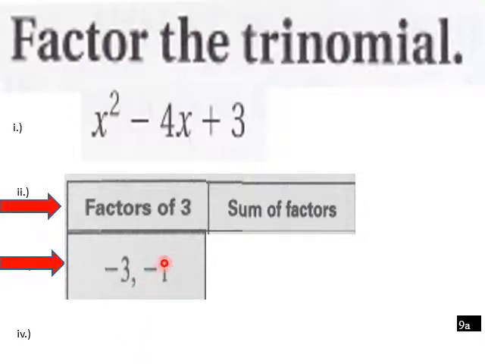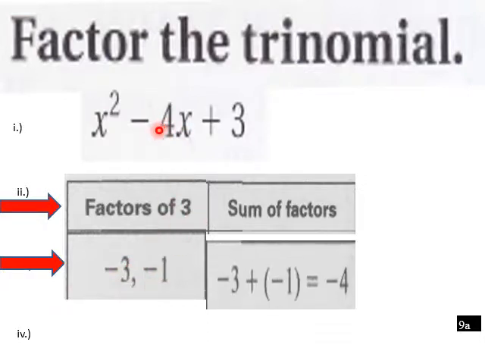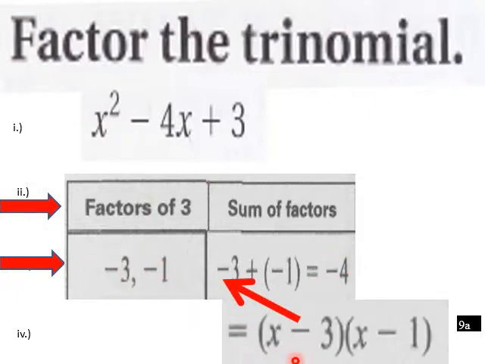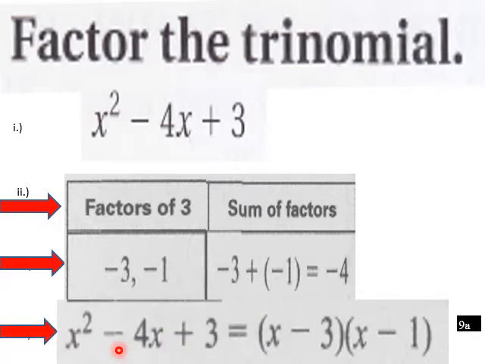So for our c here, it'd be negative 3, negative 1. And then negative 3 and negative 1 is negative 4, is it not? So that would work there. So it would have to be these here. So (x minus 3)(x minus 1) would be the factoring of this trinomial, x squared minus 4x plus 3, because it works for that.